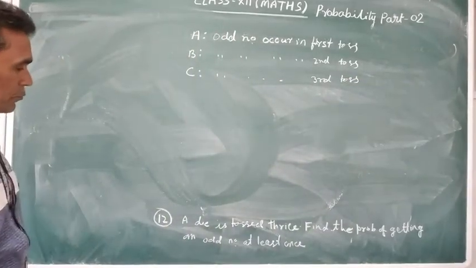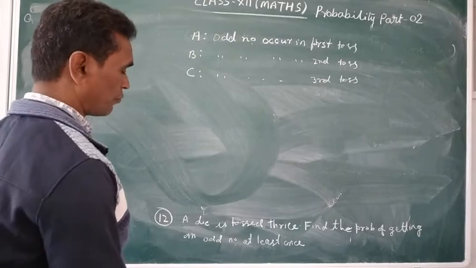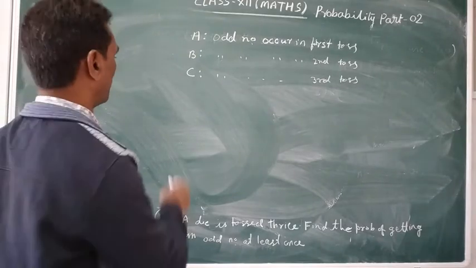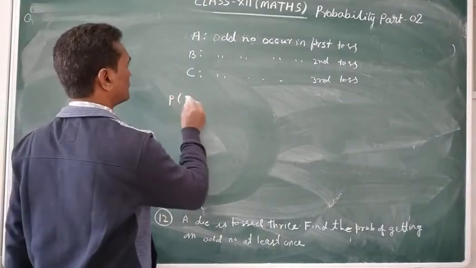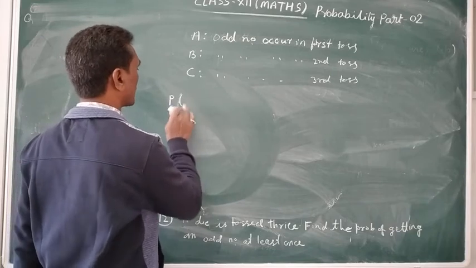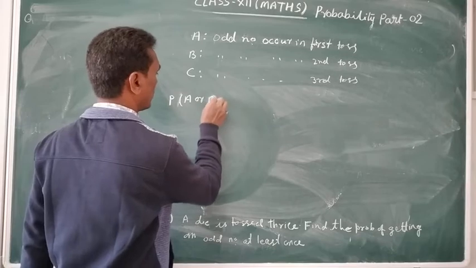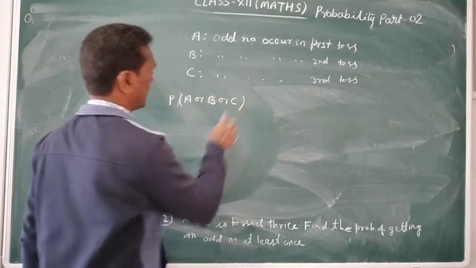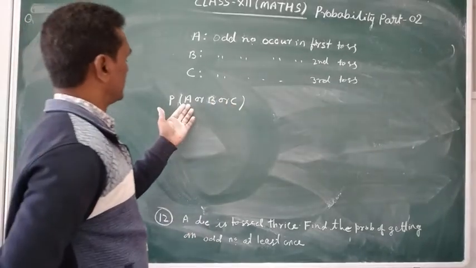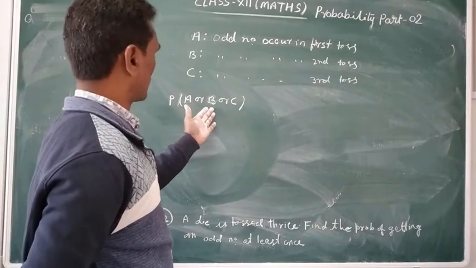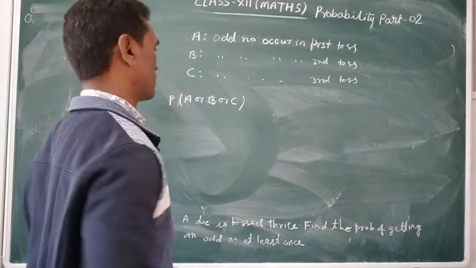So we have to get an odd number at least once. That means A or B or C: odd number either in first toss or in second toss or in third toss.